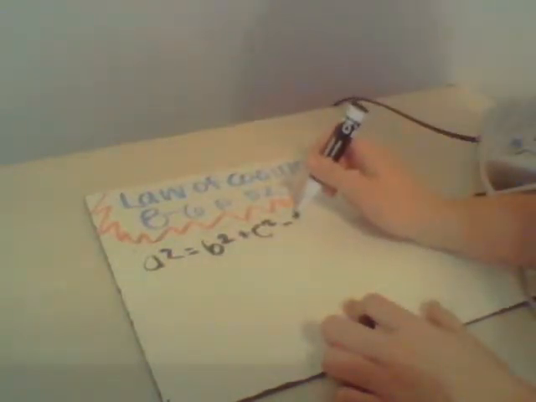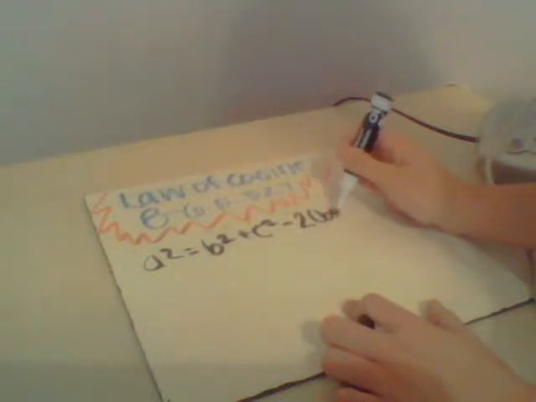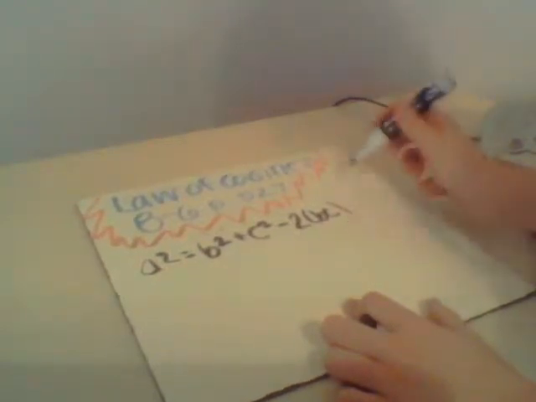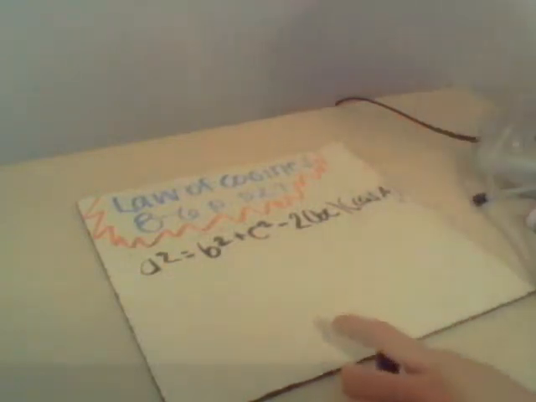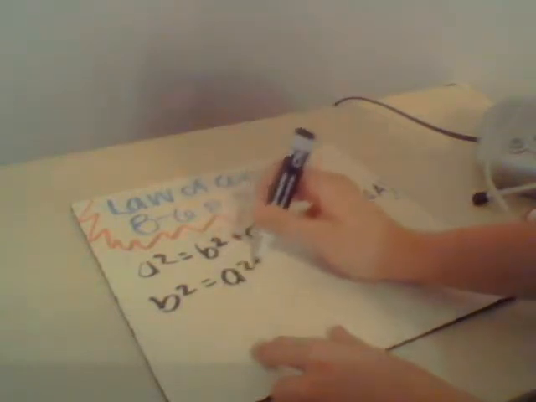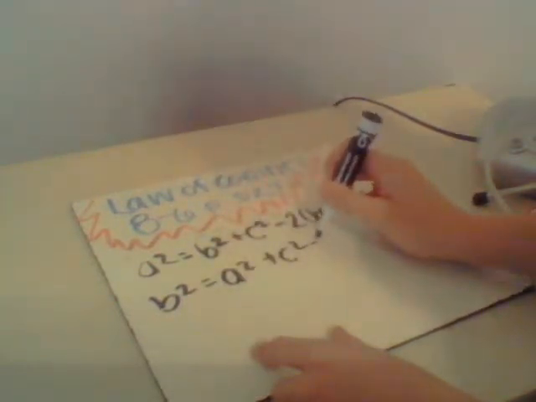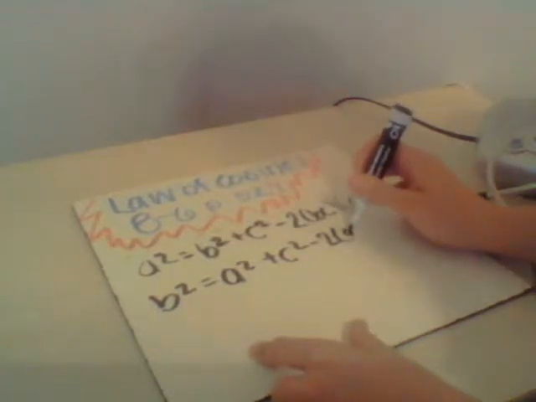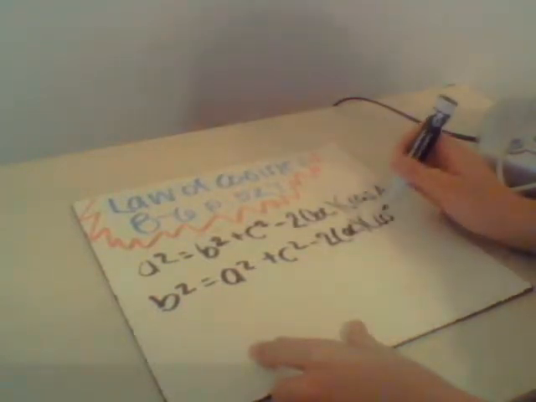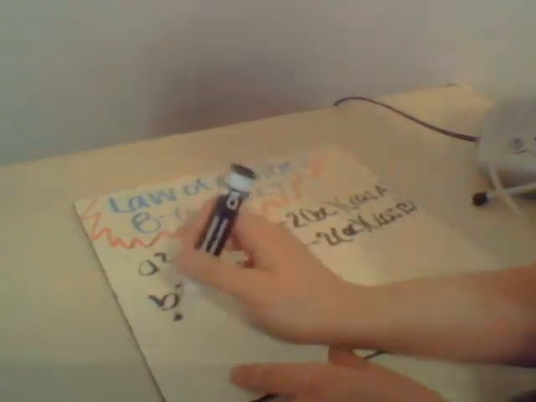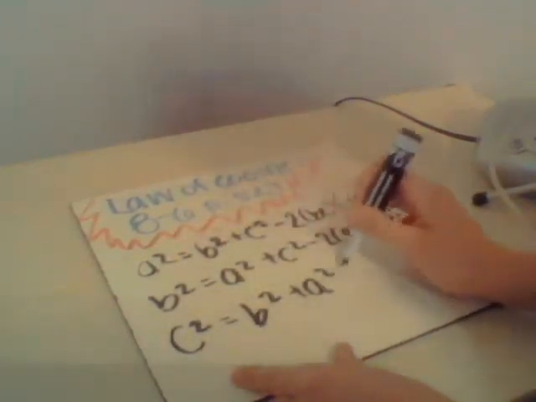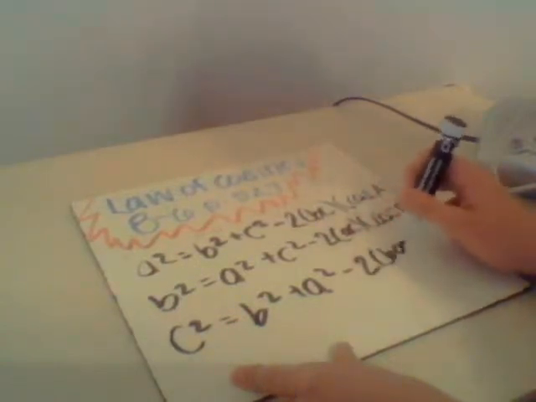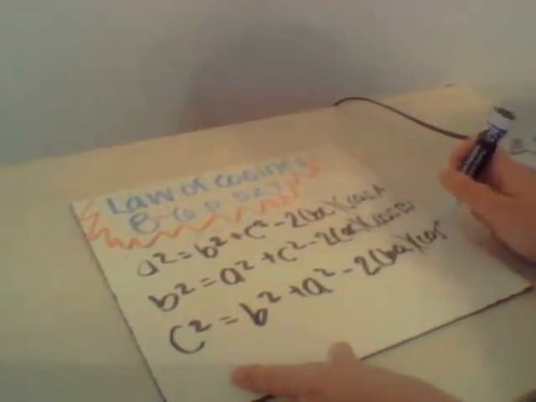Then we're going to subtract from it 2, the product of b and c, and then cosine A. Simple enough. The same goes for b and c. B squared equals a squared plus c squared minus 2ac cosine B. Now last but not least, c squared equals b squared plus a squared minus 2ba cosine C.